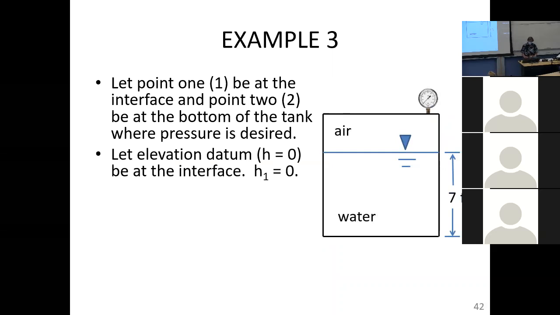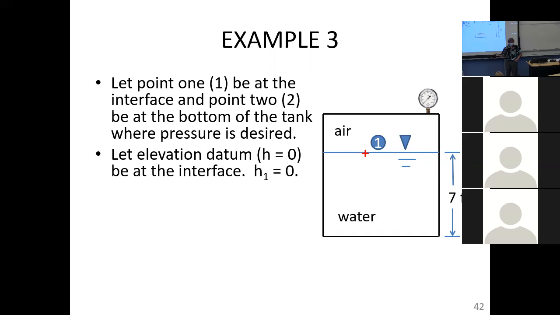So we're going to let point 1 be at the interface between the two. Is that a free surface? What's the litmus test for free surface? Do you have atmospheric pressure there? 0 gauge pressure or 101,000 Newton per meter squared absolute. Do you have atmospheric pressure there? No, it's not a free surface.